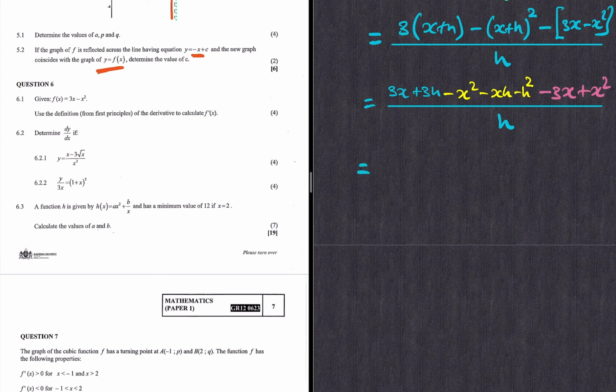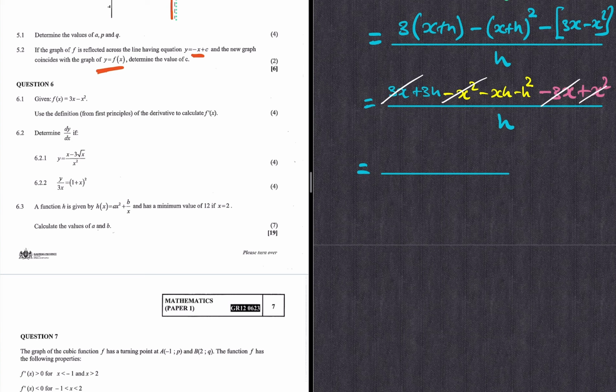Let's check. It should be very easy. Okay, here seemingly some terms are going to undo each other. What are those terms? 3x and minus 3x, minus x squared and x squared. So what are we left with here?